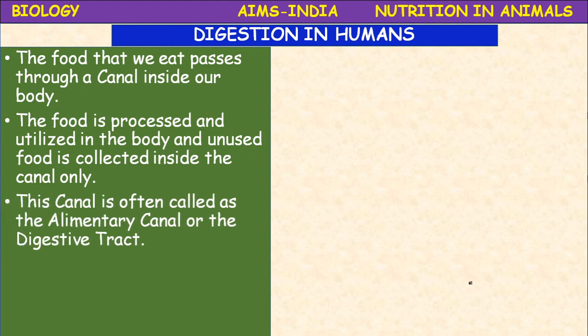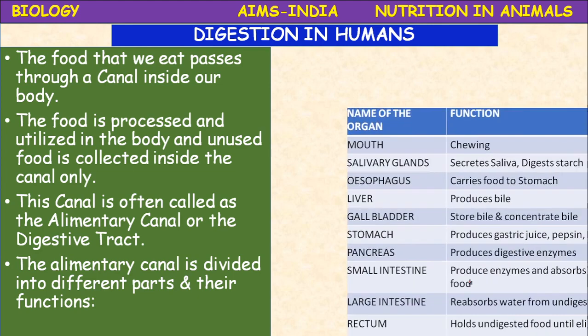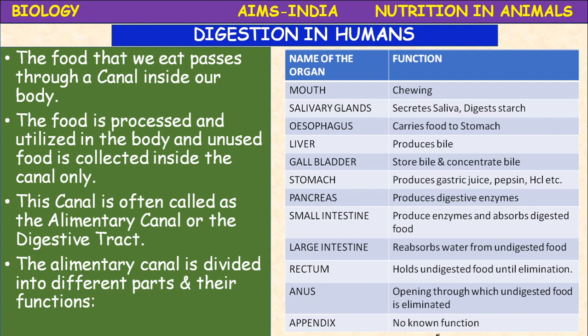This canal is often called the alimentary canal or the digestive tract or gut, G-U-T, gut. This alimentary canal is divided into different parts and they perform different functions. So let us see one by one.